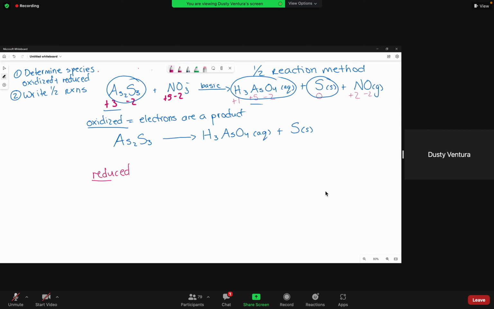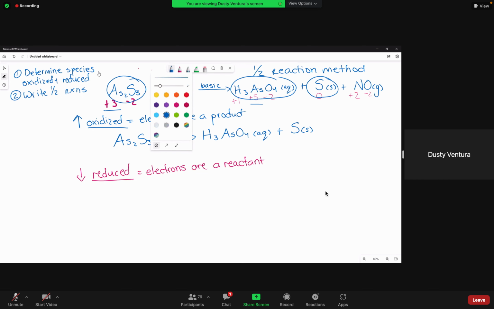Okay, now we do species reduced. In your reduction, electrons are a reactant because you take them onto you, you become more negative. So the one who went down, reduction sounds like down and oxidation sounds like up.